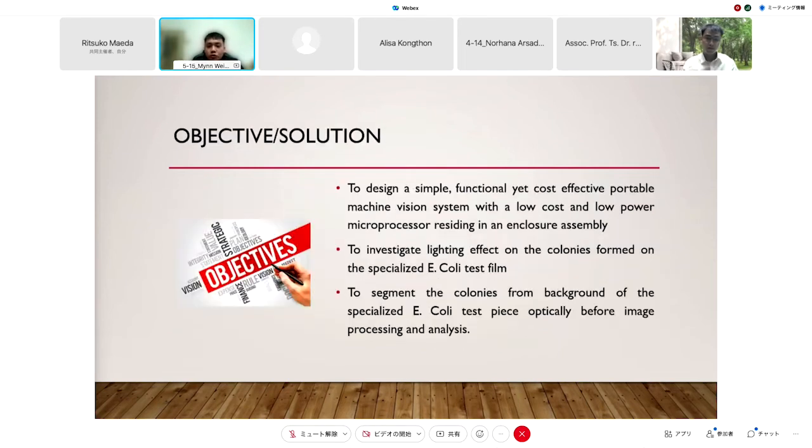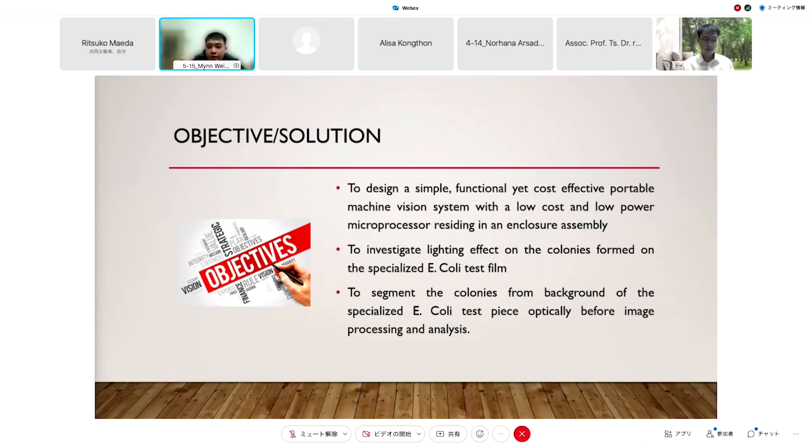To tackle all these problems, our solution is to design a portable machine vision system in a small enclosure, with all the necessary sensors inside.